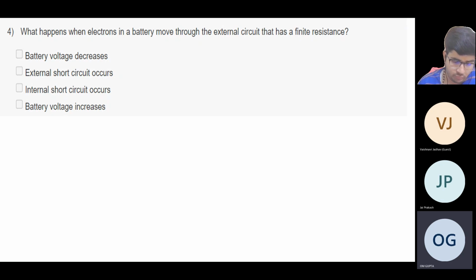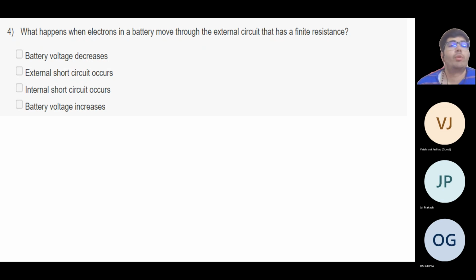Only option A. Battery voltage decrease. Okay, let's see. Just wait a little bit more.